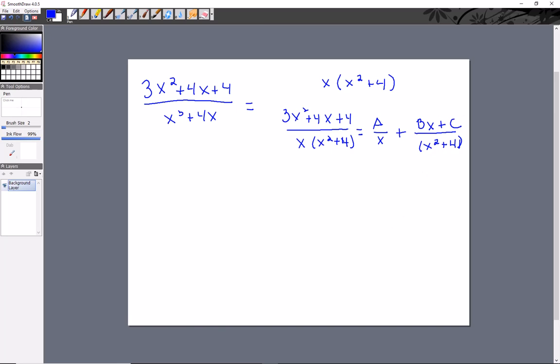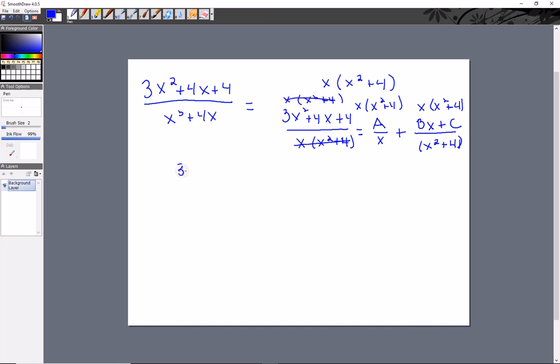So we're going to do what we did before. We're going to clear out fractions. So this will be x times x squared plus 4, and again, same thing all the way through, and even here. We can go ahead and that will completely take out the denominators.